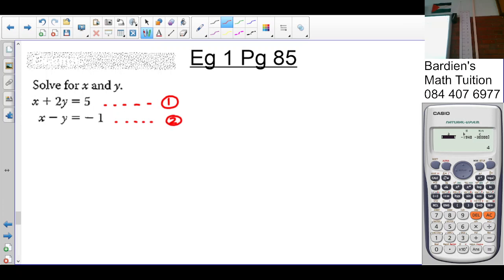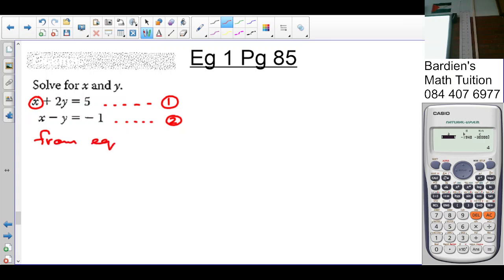What we do is, in either equation 1 or equation 2, we make either x the subject of the formula or y the subject of the formula. You'll see now why we are doing that. I'm going to take equation 1 and make x the subject of the formula.